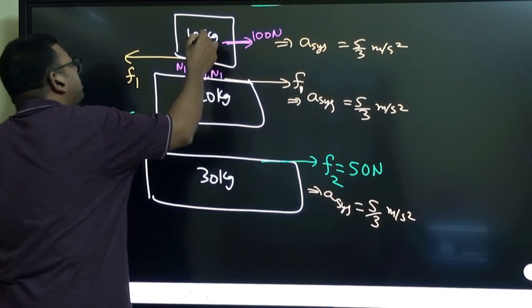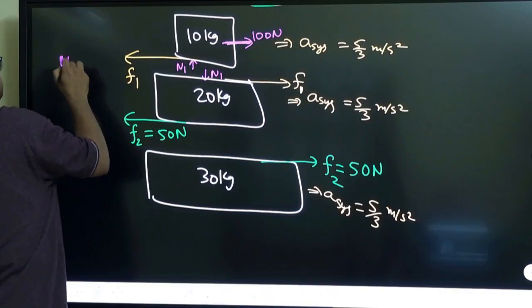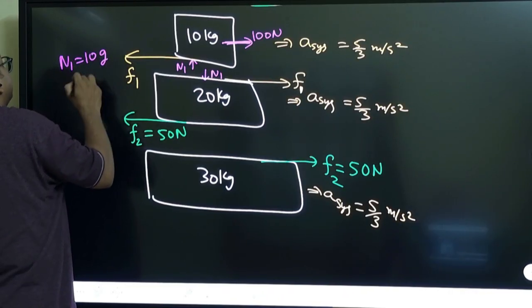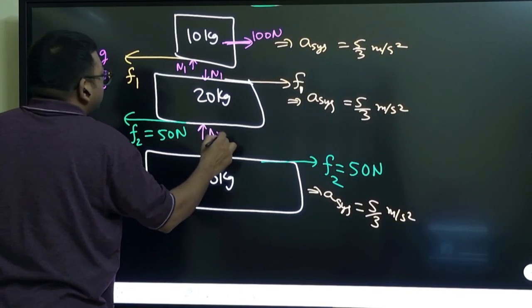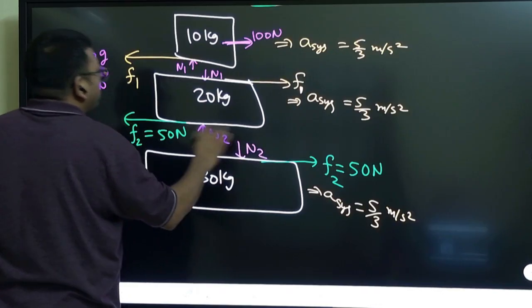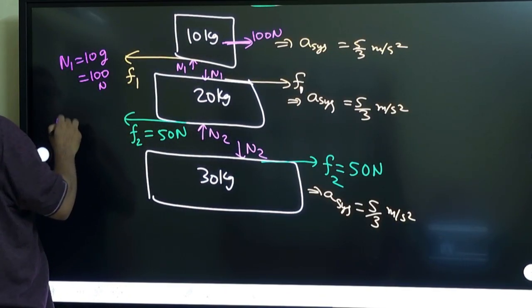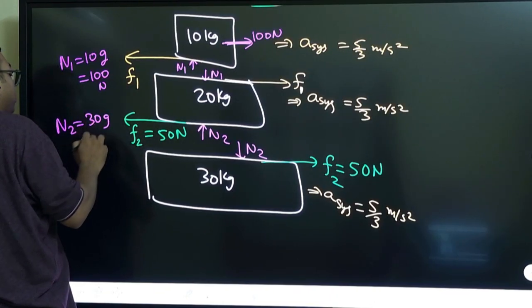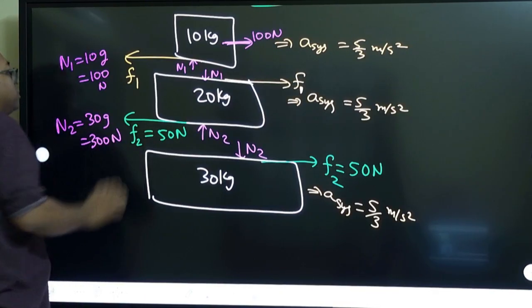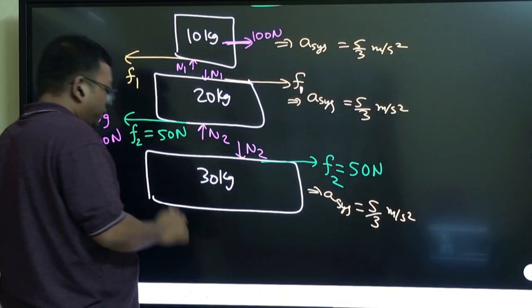This normal will be the weight of 10 kg, right? That will be 10 g, that is 100 Newton. And this normal N2 is the weight of all that, right? So N2 is equal to 30 g, which we have already calculated, 300 Newton. No confusion here, right?